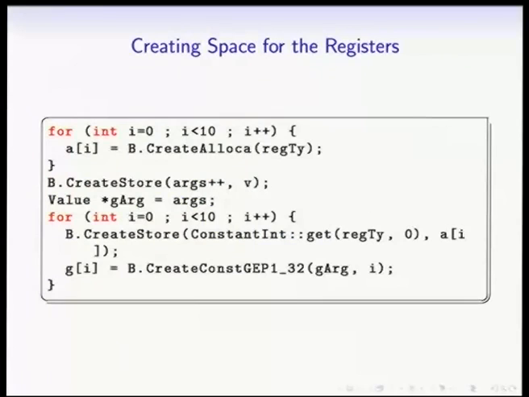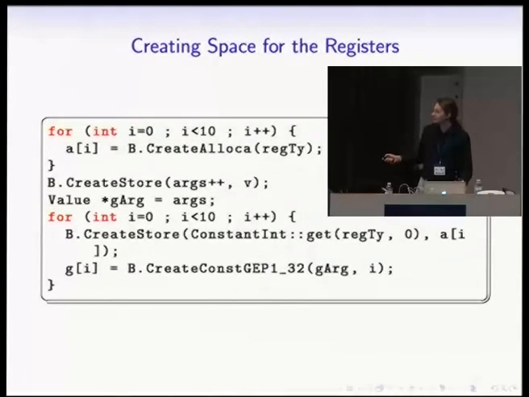So we create each of the A registers with a single alloca. This takes the type here, so this will create enough space on the stack for a 16-bit integer, and this returns an LLVM value which represents a pointer to a 16-bit integer on the stack. And we just do this in a loop at the start.